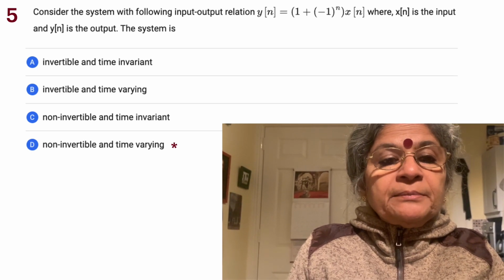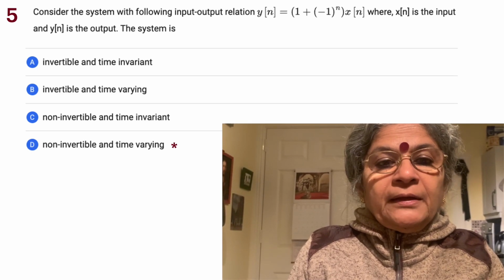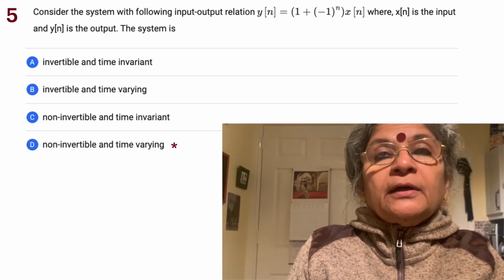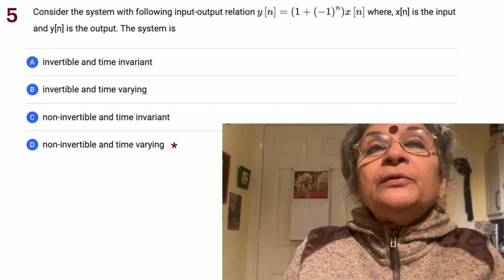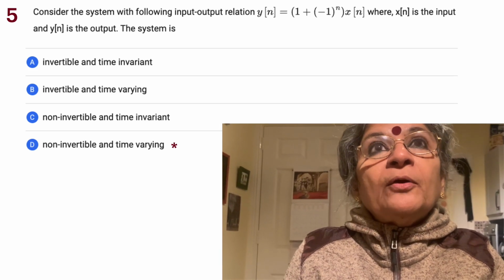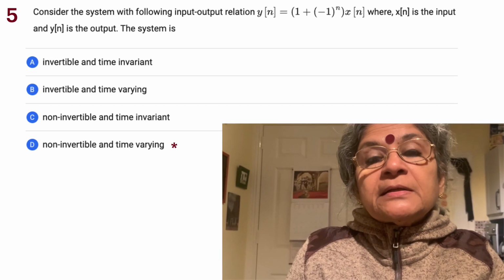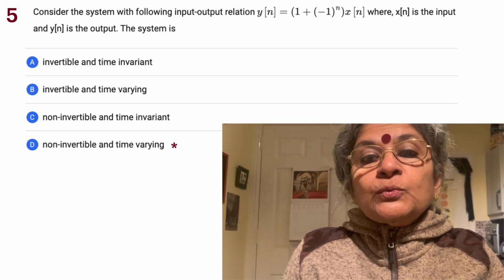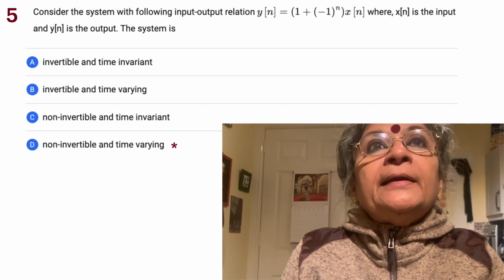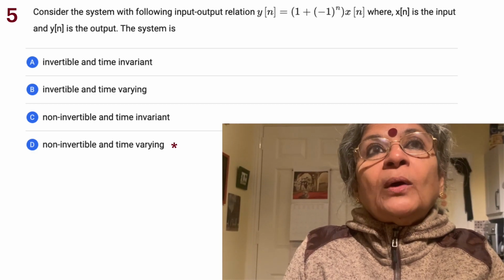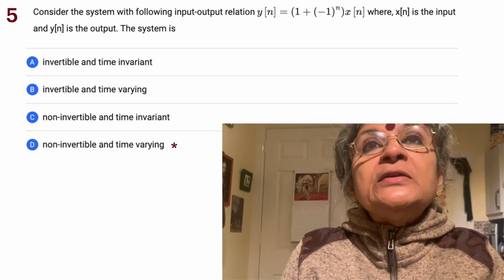The system is time invariant, but it is not invertible. We need to get back x[n] from y[n]. But what happens is that some of the messages are lost when we have minus 1 raised to n, because some of the quantities happen to be negative, and when they add to 1, we lose those values.